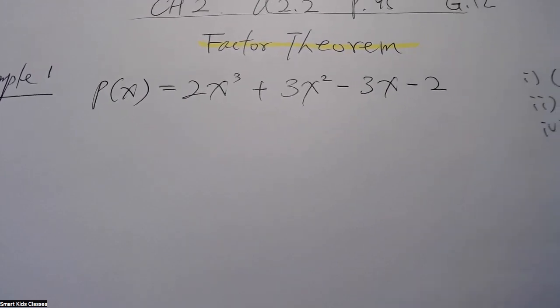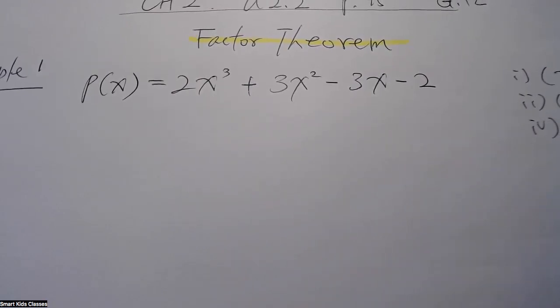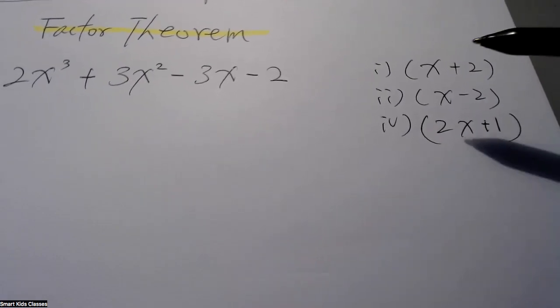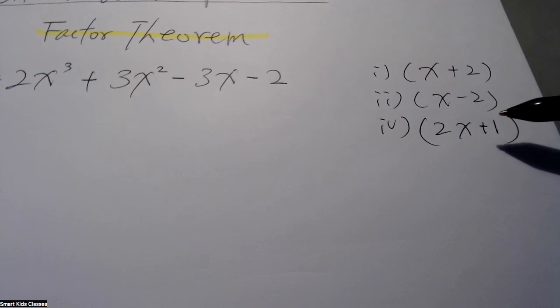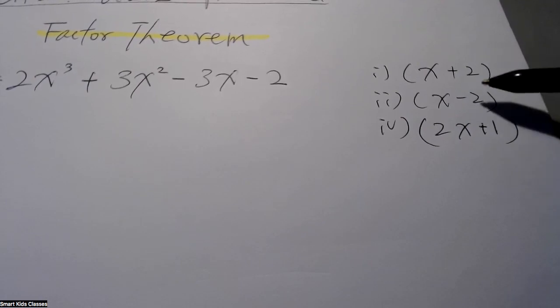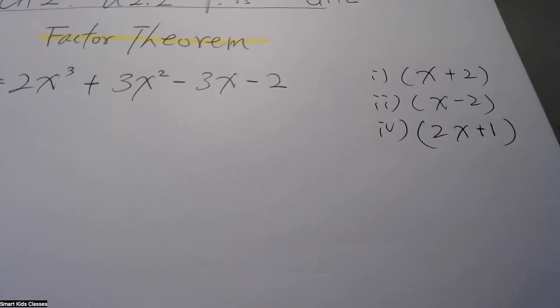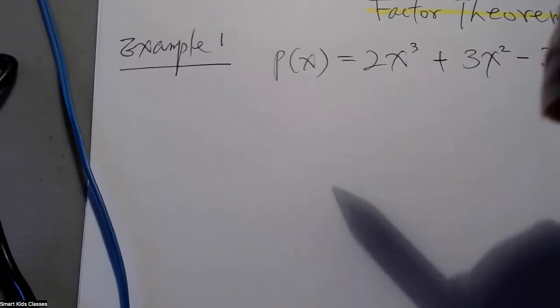We're going to find a factor that fully divides this polynomial without remainder. The book provides a few factors, and I'm going to illustrate these three: one positive, one negative, one fraction. Let's start to write here. I'm going to start with the first one.